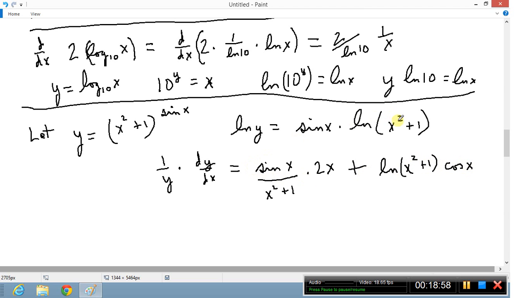So that does it for the derivative of the right, and now all I need to do is figure out what dy dx is. So dy dx all by itself is y times all of this, and I remember what y is.